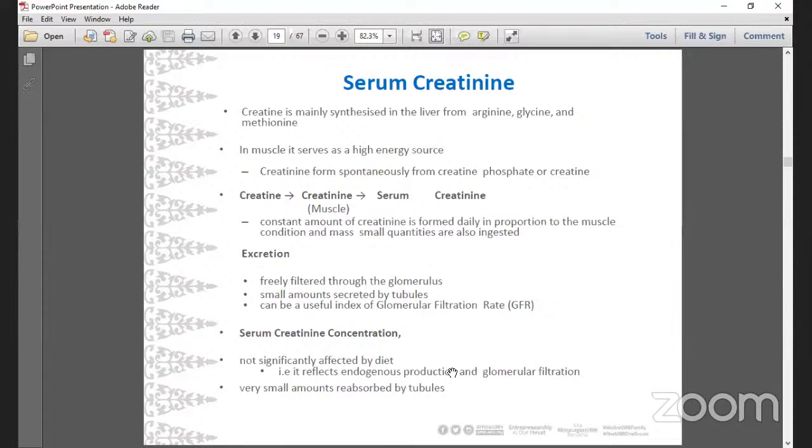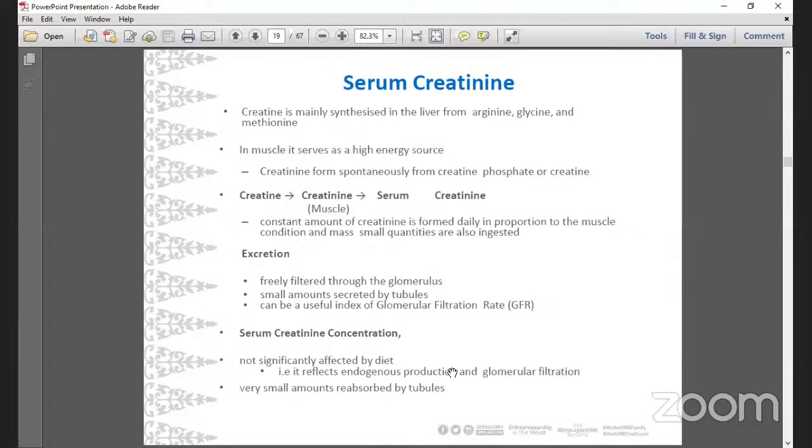When it leaves the liver, it will enter the blood circulation, and this creatine will be taken up by the muscle. In the muscle it serves as a high energy source, and the creatine is added with a phosphate group to produce phosphocreatine, and later the decomposition of the phosphocreatine will produce creatinine.